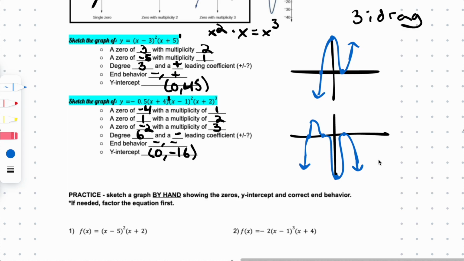And also, one thing I will say is this is just a sketch. It doesn't need to be exact. You just need to get the major key characteristics of certain graphs included. And also, when we have certain points like this where we have a y-intercept here, it may not turn around exactly at that y-intercept.